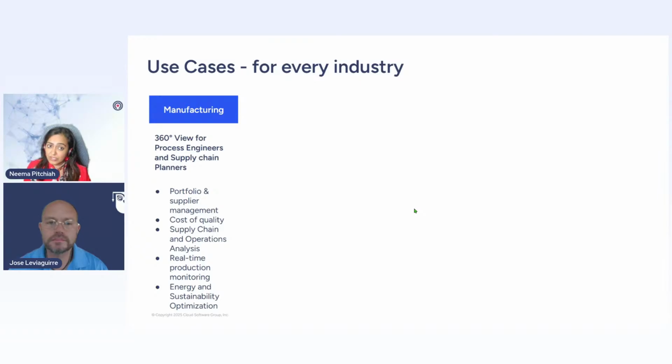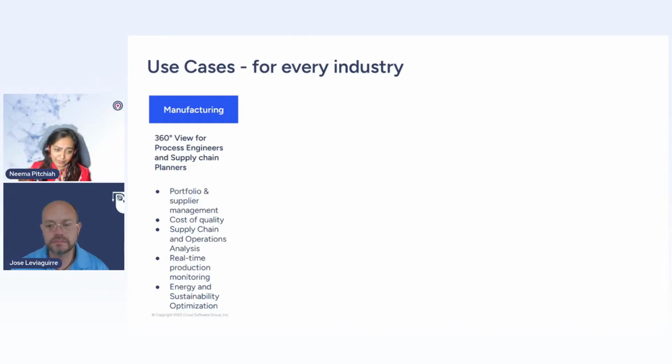Also, there are use cases for every industry. If you're in manufacturing, for example, you might have your process manufacturing data coming in from somewhere. You might have your manufacturing sensor data coming in from IoTs.